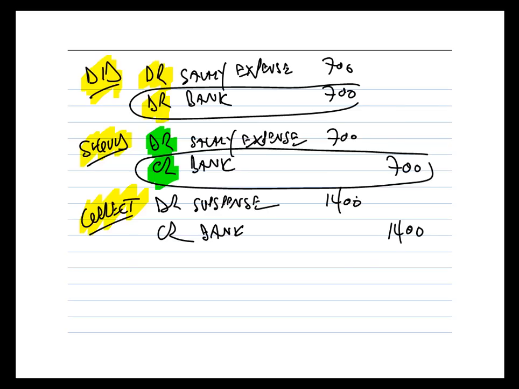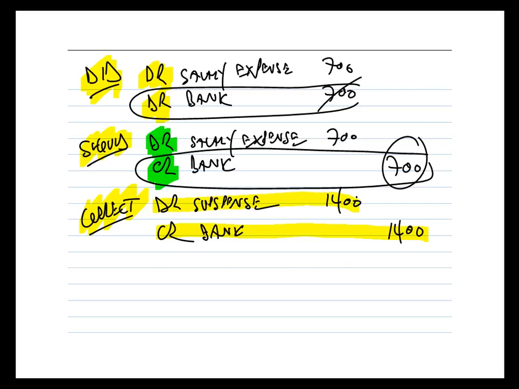So what I need to do is eliminate the original debit, which would require a credit, and we then need to put in the credit that there should have been. So in this case, I think I need to credit the bank account by double the amount of the original entry, 1,400, which is going to eliminate the original debit and then put in the credit as it should have been.